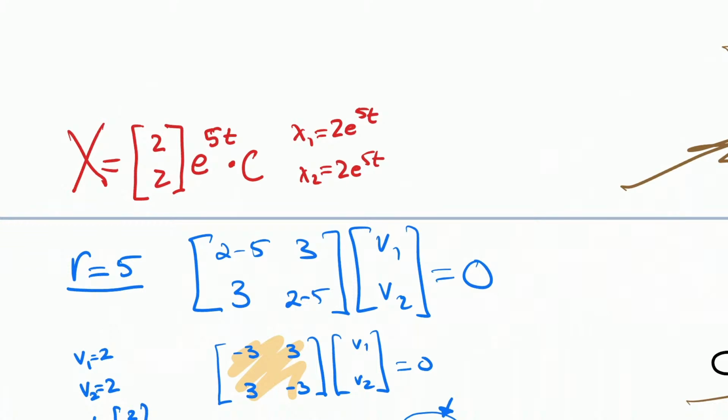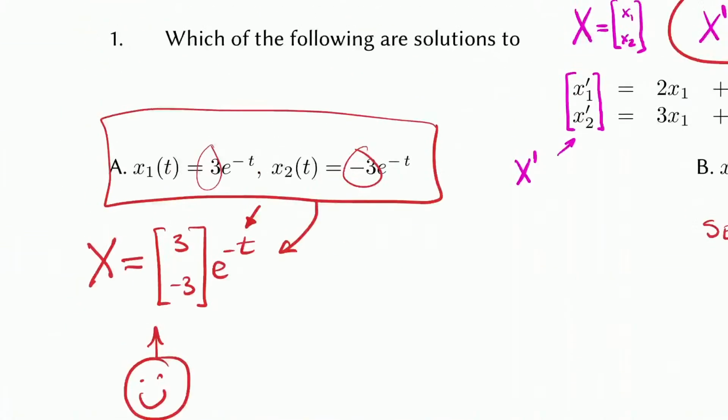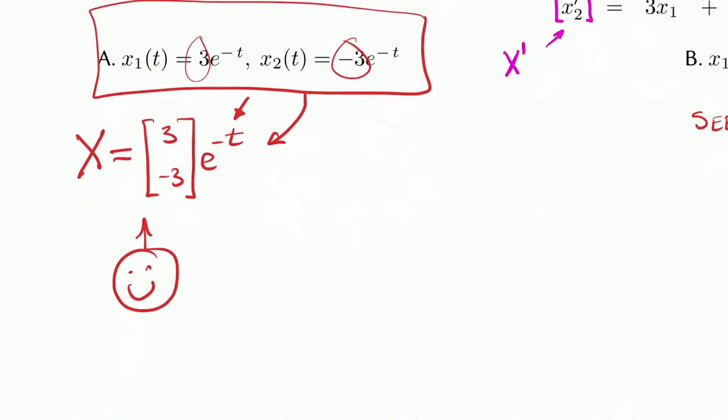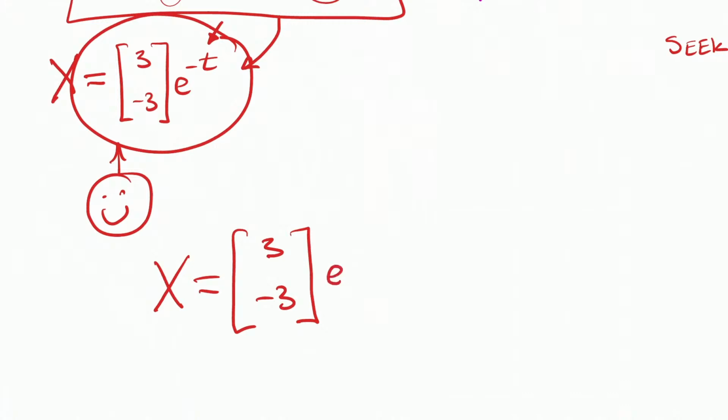Let's do the same thing down here for r equals -1. Actually, I don't need to do it because we've already got a solution, right here. So 3, -3, that's my eigenvector for that eigenvalue. And so for that one we have 3, -3 times e to the -t times another constant.